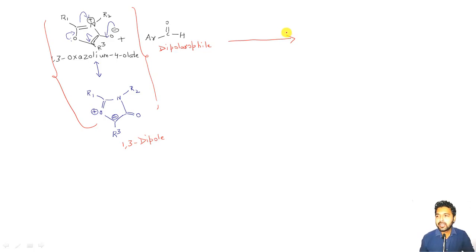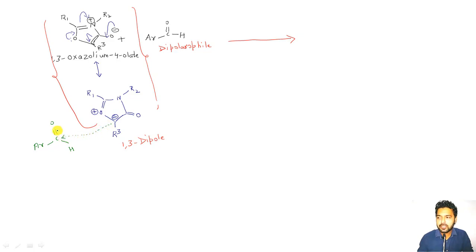Okay, so I can take my carbonyl compound here in this way, aromatic part, carbon, double bond, oxygen, hydrogen here, so that it becomes easy for you people to understand.